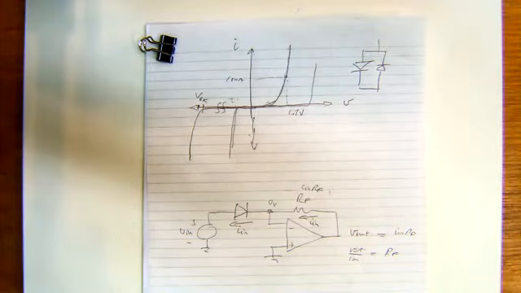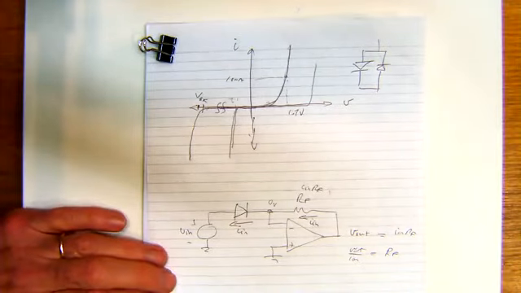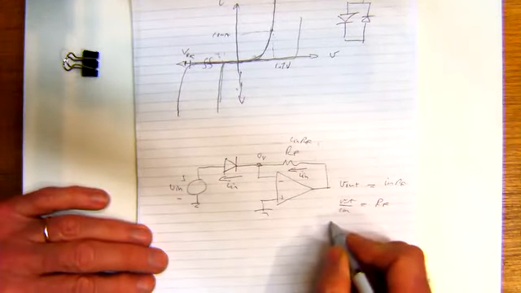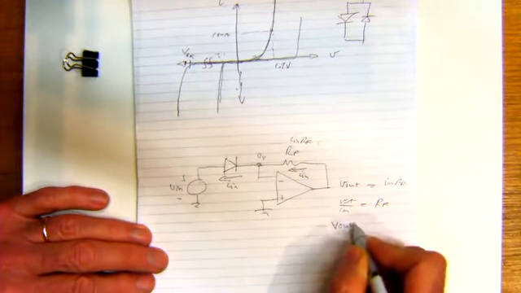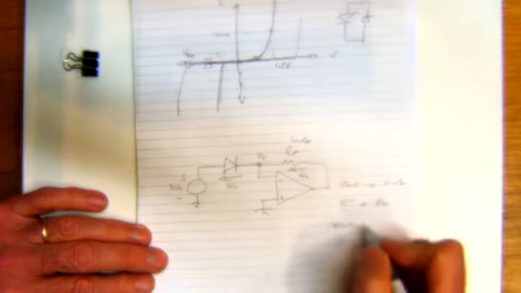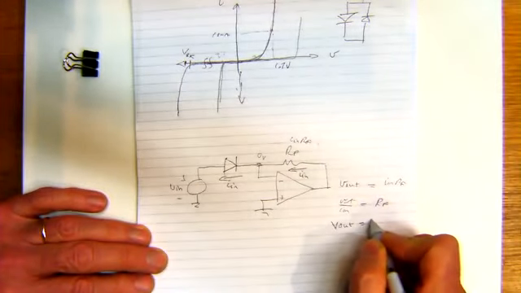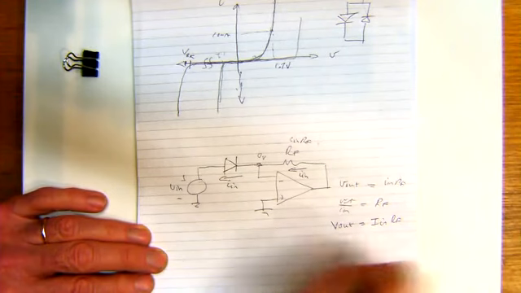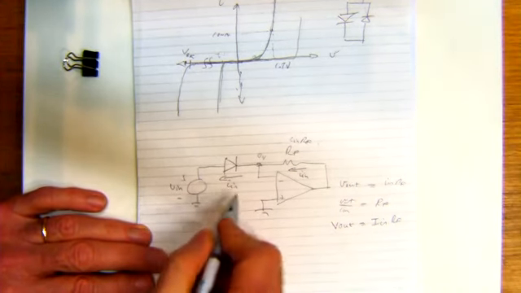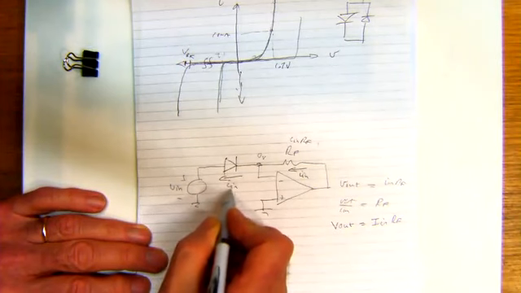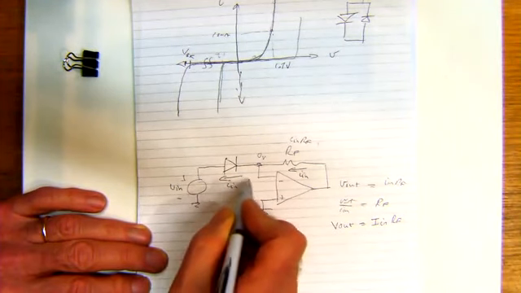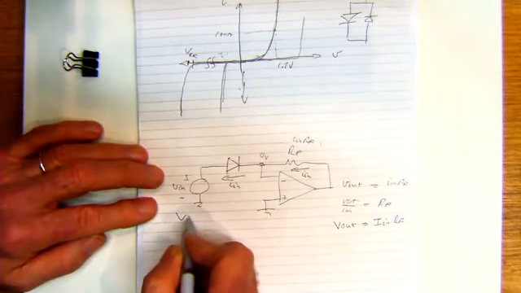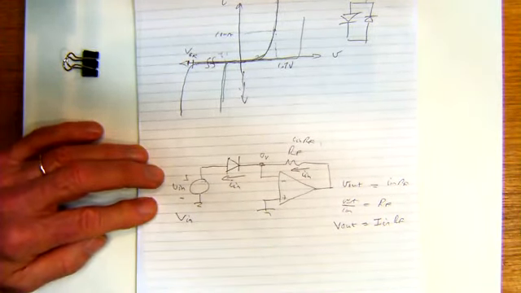If we were talking about the DC aspect, we might say that there's a DC value V out as a consequence of a DC current I in RF. Yeah?